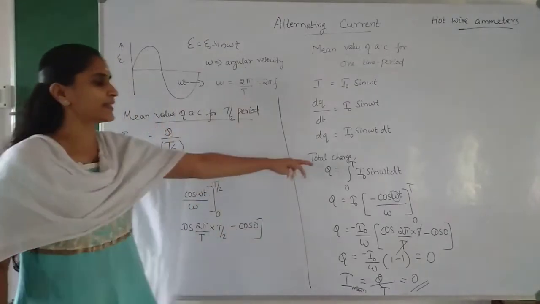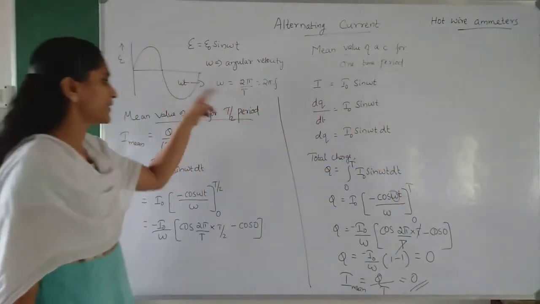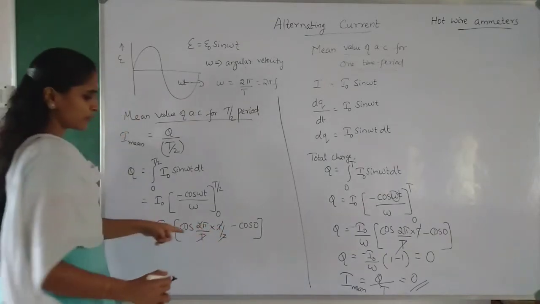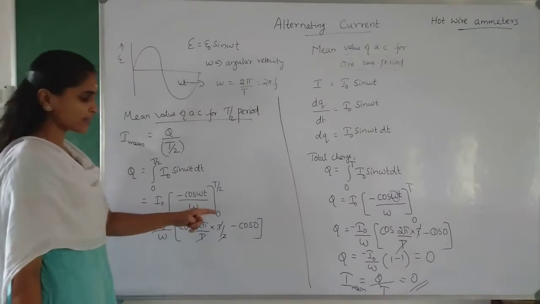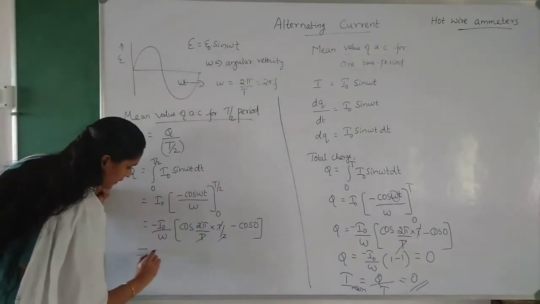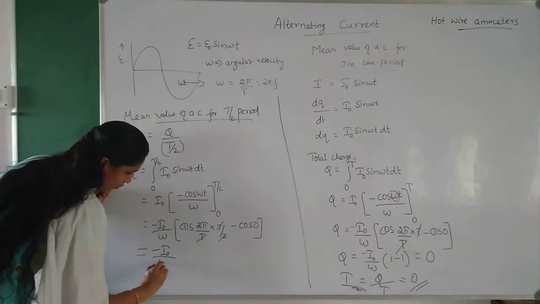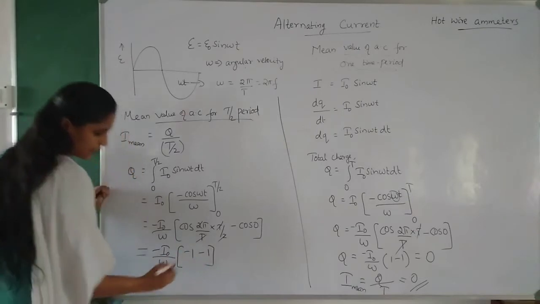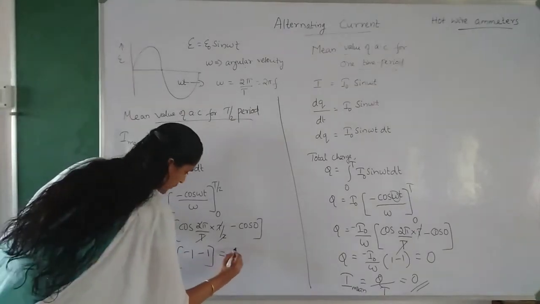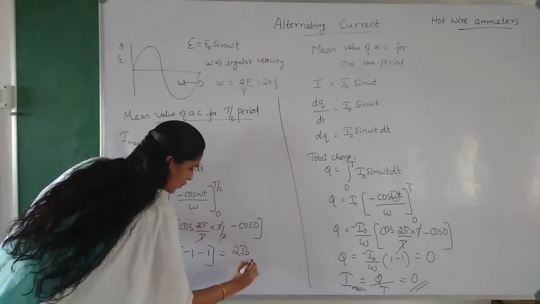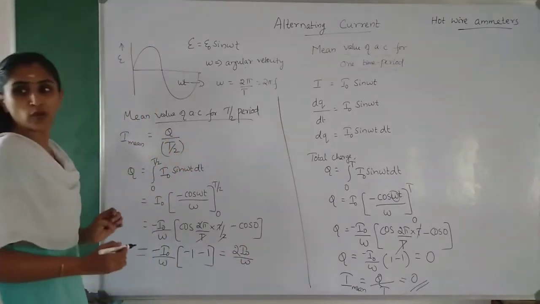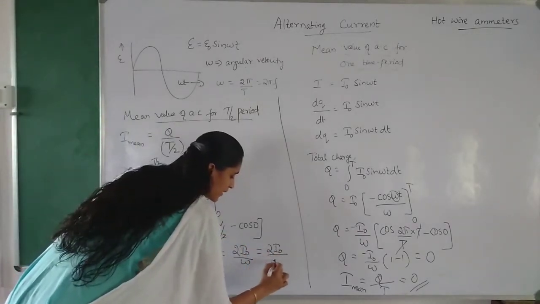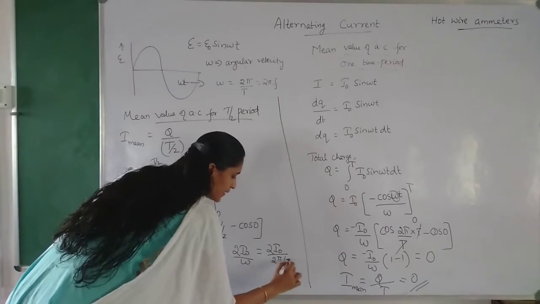That's the only difference: there it is T for one time period and here it is for T by 2. But you will get cos pi minus cos 0. Cos pi is minus 1, cos 0 is 1. So you can write it as minus I0 by omega into minus 2, so you will get 2 I0 by omega. And omega can be written as 2 pi by T, so 2 I0 divided by 2 pi by T.